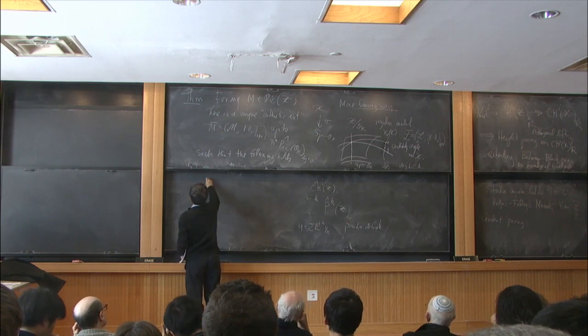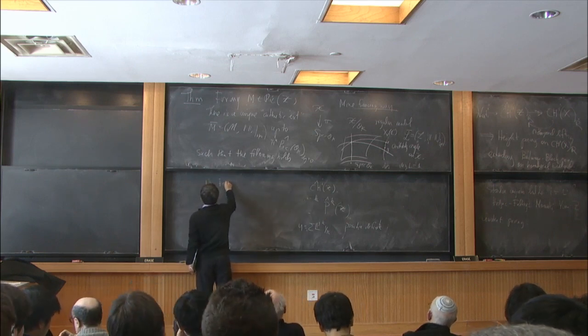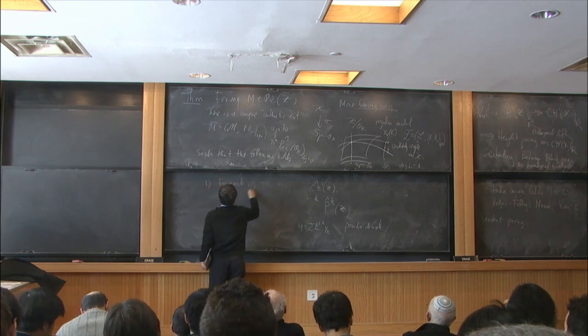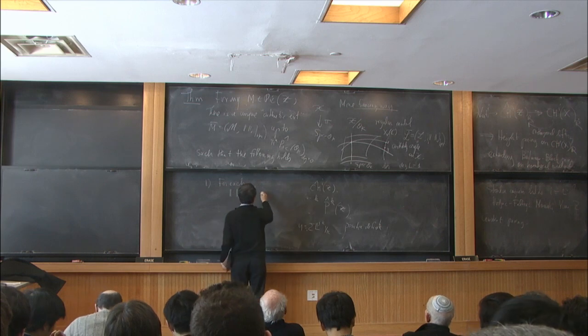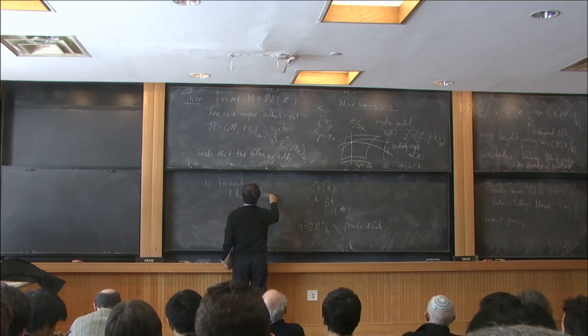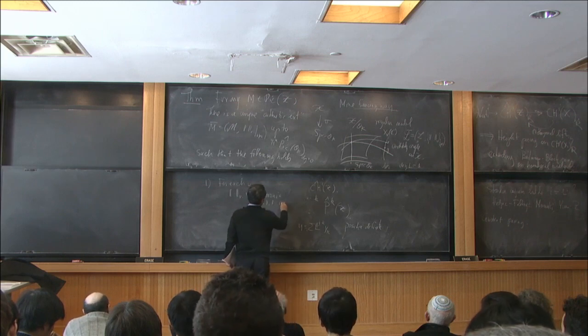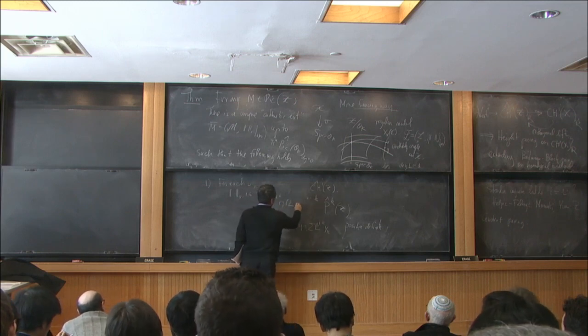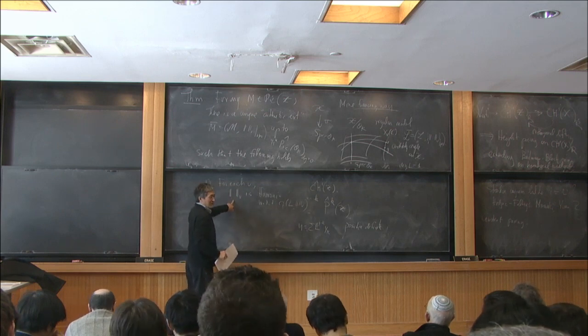The first condition is, for each place v, this metric is harmonic with respect to c1 of L_v. I need to explain this: for v Archimedean, there's nothing, no problem.